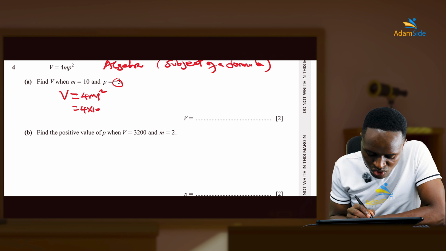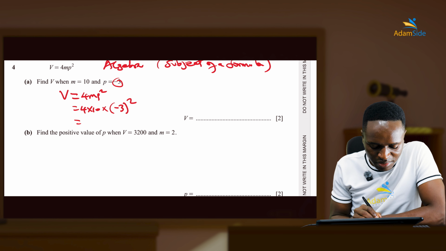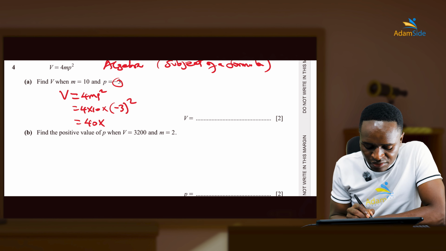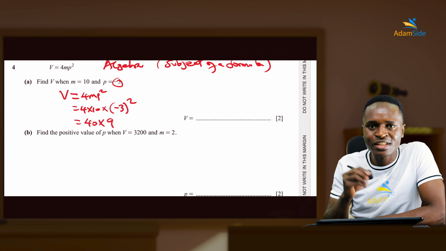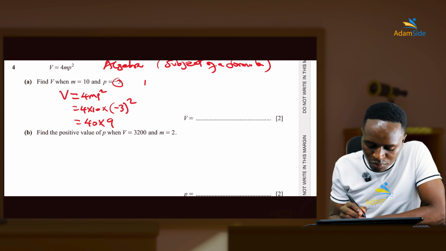Remember this is p squared, so negative 3 squared. 4 times 10 is 40, then negative 3 squared is 9, negative 3 times negative 3 is 9. When you multiply, you get 360. Volume is 360.